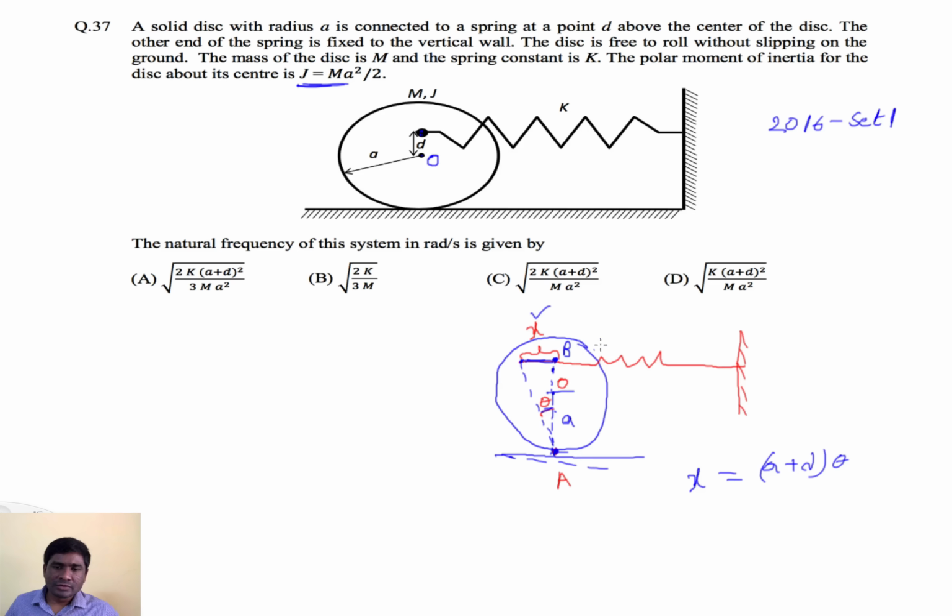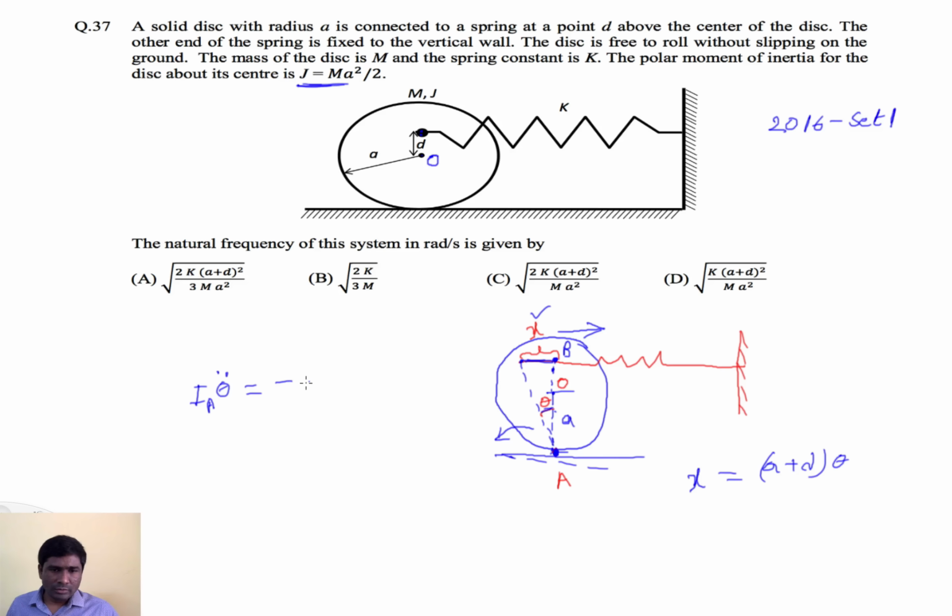And because of this stretch, the force in the spring is acting in this direction, and at this instant this is rotating like this. If I apply moment about the point A, that is I A into theta double dot equal to, this is moving in the anti-clockwise direction, but the force is trying to turn this one in the clockwise direction.